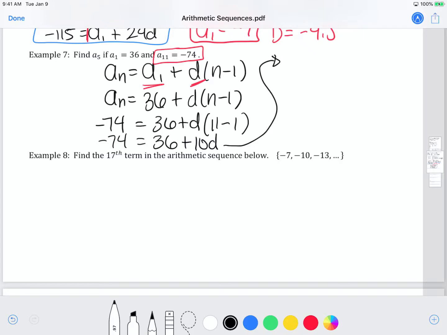When I subtract 36 from both sides, I get negative 110 is equal to 10D. So D is going to be -11.